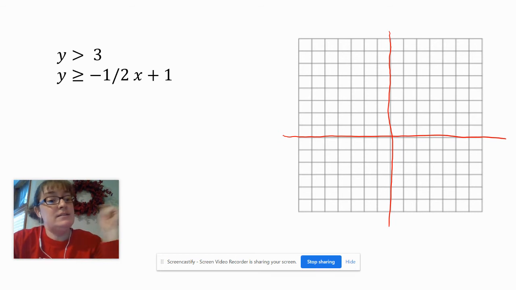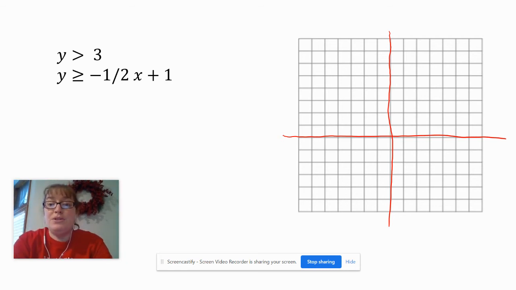And the answer is yes. However, that top one looks a little strange because we don't see a slope on this problem. That's because when y is by itself, it's one of our special cases, and y by itself, remember, is a horizontal line.